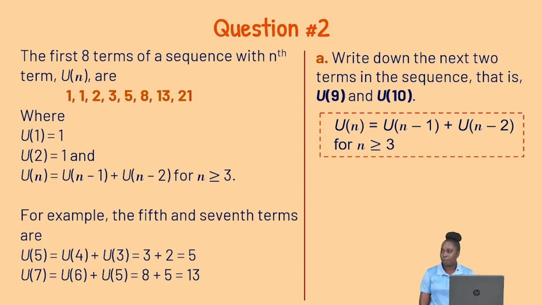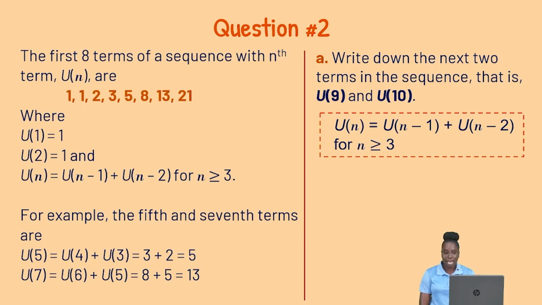So there in the broken text box, we have a reminder of the important information from the left side, which is in order for us to find any part of the sequence, u of n is equal to u of n minus 1 plus u of n minus 2.